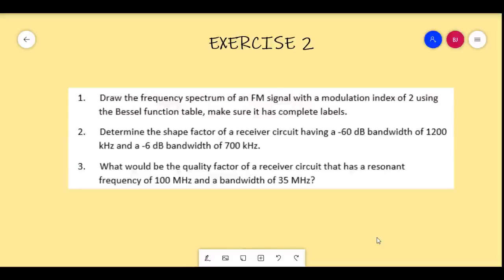As such, I'll be giving you the second part of the exercise, which allows us to check your understanding of first creating the frequency spectrum of FM and PM using the Bessel function table. Make sure that when you do this, you put in the complete labels, the same way that we did with the previous examples. And then we'll be able to check your understanding of the shape factor and quality factor of receiver circuits that we have just finished a while ago.